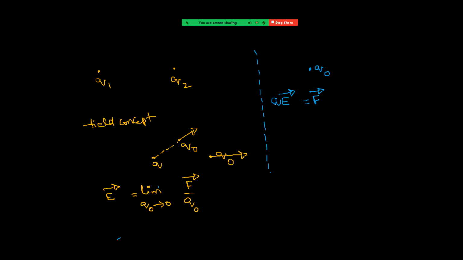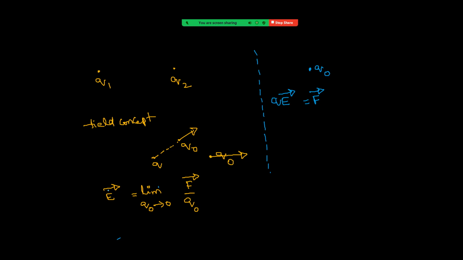Then the force acting on that charge is given by Q into E bar. It is just like F bar equal to M into G bar, the gravitational force, right? So with the help of this vector, we know the strength of the field at each and every point and the direction of the field.